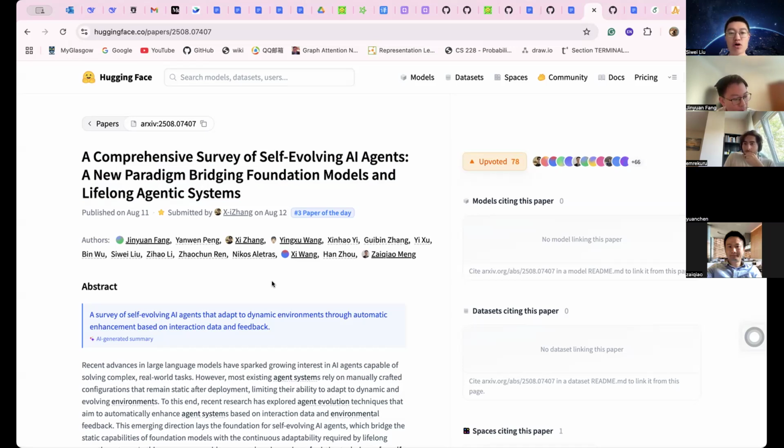There are already some issues on GitHub saying that we missed this paper or that paper. So we really welcome it if you can spot some relevant paper that you think can be a good contribution to this survey, as we are going to continuously improve it. You can send your comments on the GitHub page for this paper, and if you prefer to communicate with us directly, you can also write on the Discord channel.